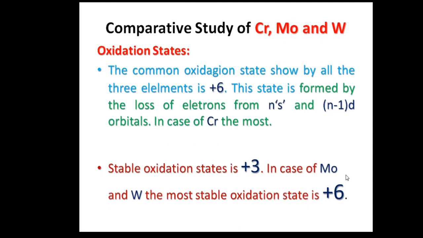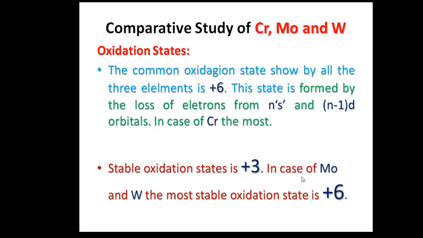We observe that chromium +6 acts as an oxidizing agent. When chromium has the +6 oxidation state, it acts as an oxidizing agent, since it has a tendency to accept 3 electrons, giving the most stable chromium 3+ species. That is one of the reasons.